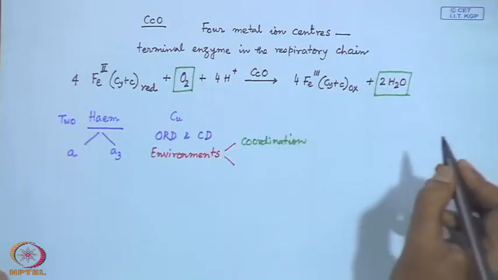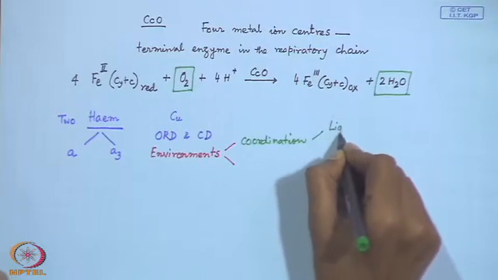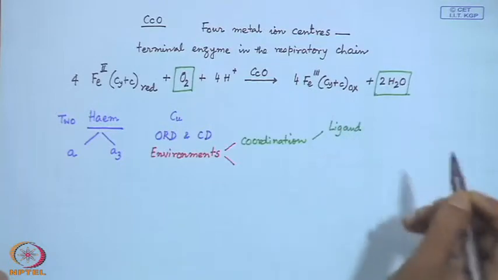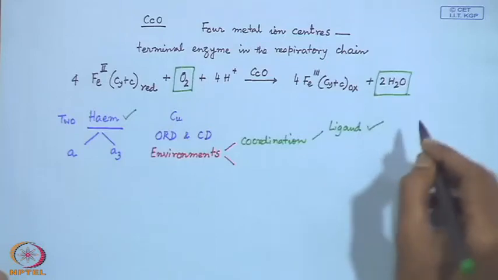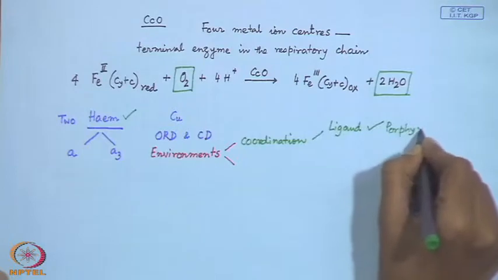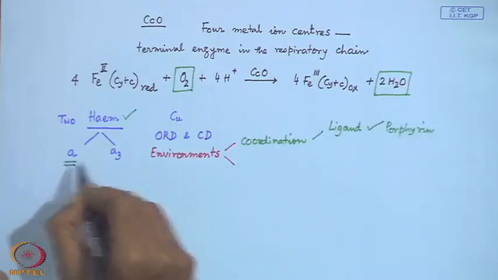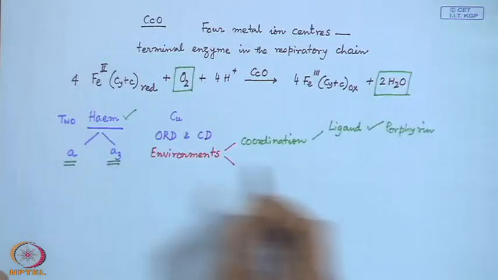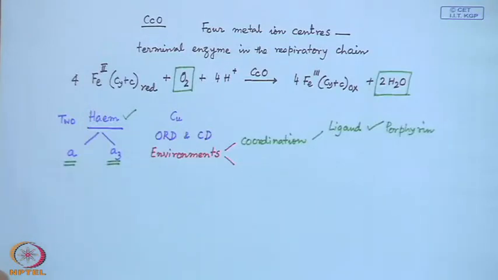Because we have the coordination environment, that means the ligand we have in our hand. When we identify this heme, we know that the ligand is the porphyrin. And when we differentiate between A and A3, the coordination environment must be different. How do we know that?